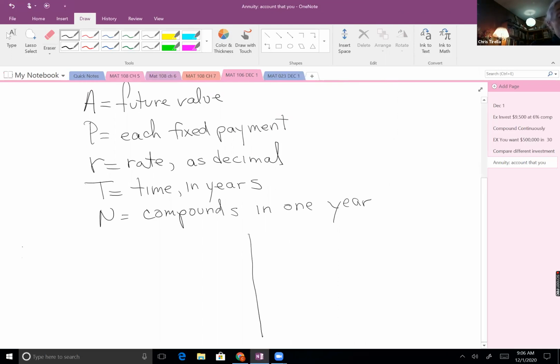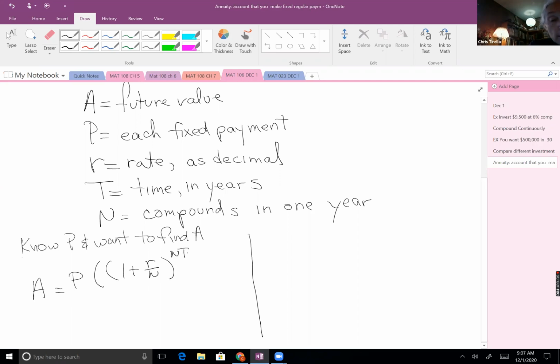So this formula is going to be if we know P and want to find A, we'll use A equals P times parentheses. Yes, it's important that you hit that parentheses twice. 1 plus R over N, close parentheses, to the NT, minus 1, close parentheses, all over parentheses R over N.